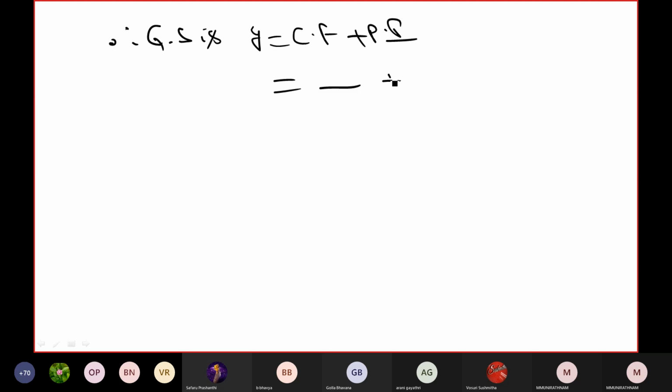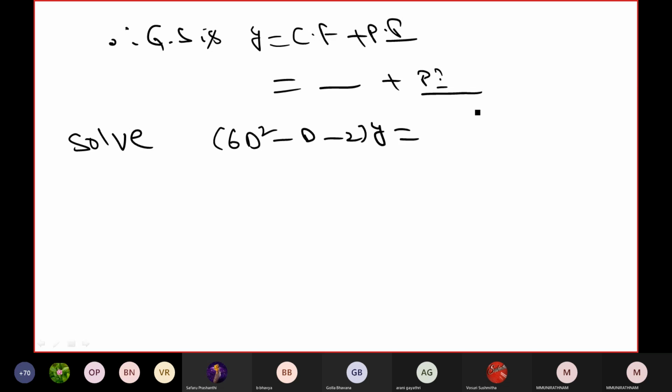CF enter replace and PI enter replace. Next problem, solve 6D square minus D minus 2 into y equal to x e power minus x.